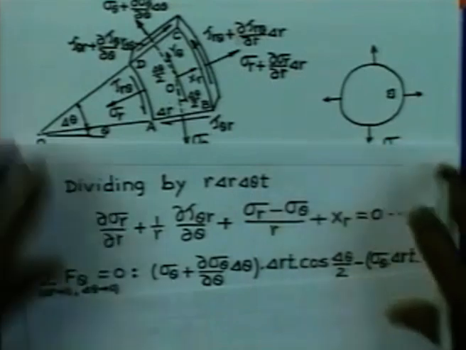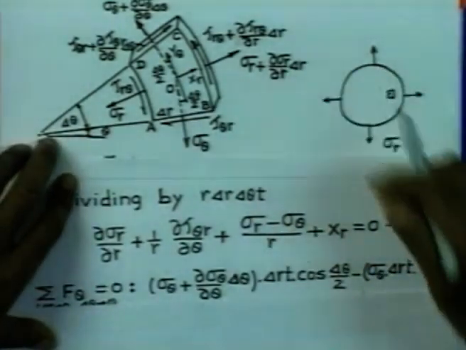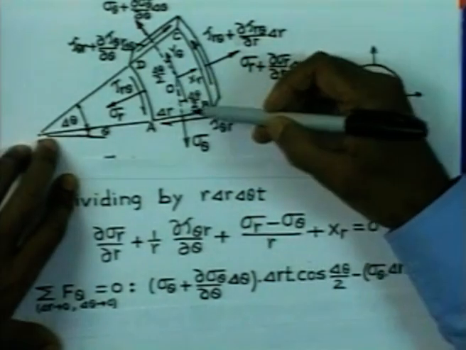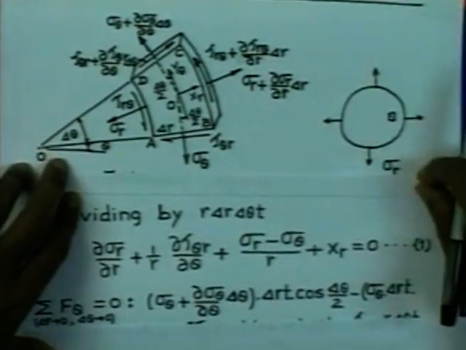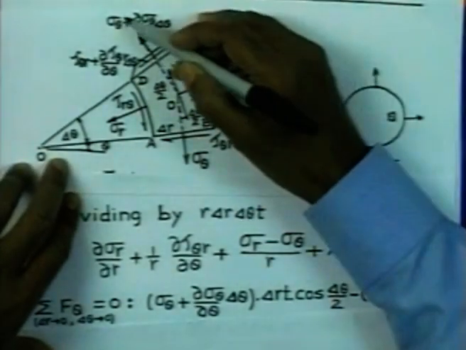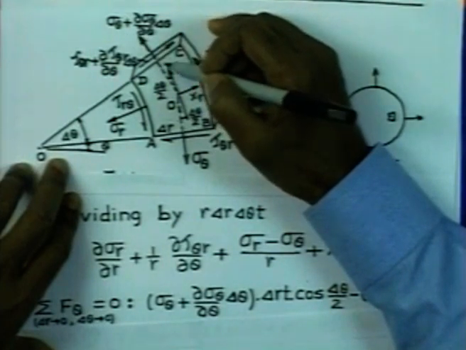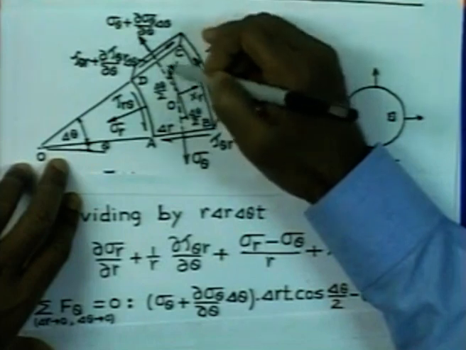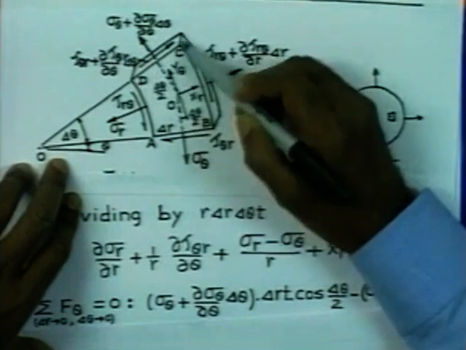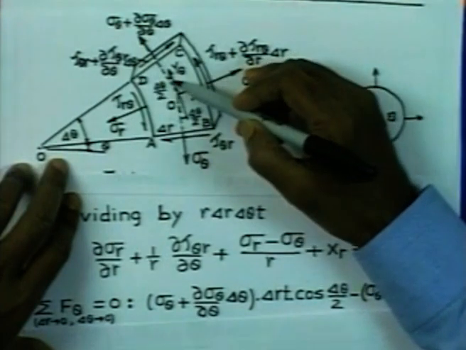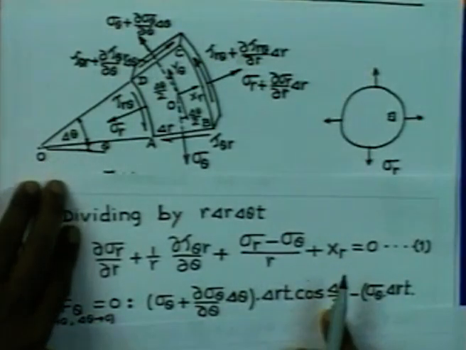So, therefore, if you consider the argument similar to what we have done earlier, first of all we are going to get the component in the sigma theta direction due to this component and its cosine component, that will give us the component in the tangential direction. So, it is acting on an area of delta r into T, and its cosine delta theta by 2 component will give us the component in the tangential direction.